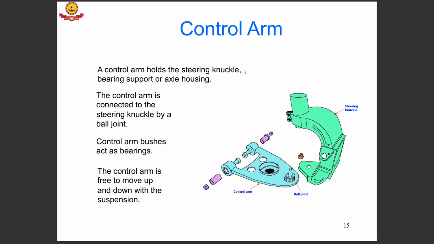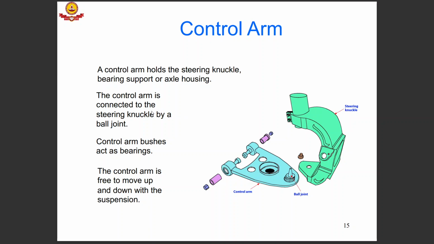Then there are control arms. Why are they necessary? A control arm is needed to hold or complement the springs. A control arm holds up the steering knuckle, bearing support, or axle housing.